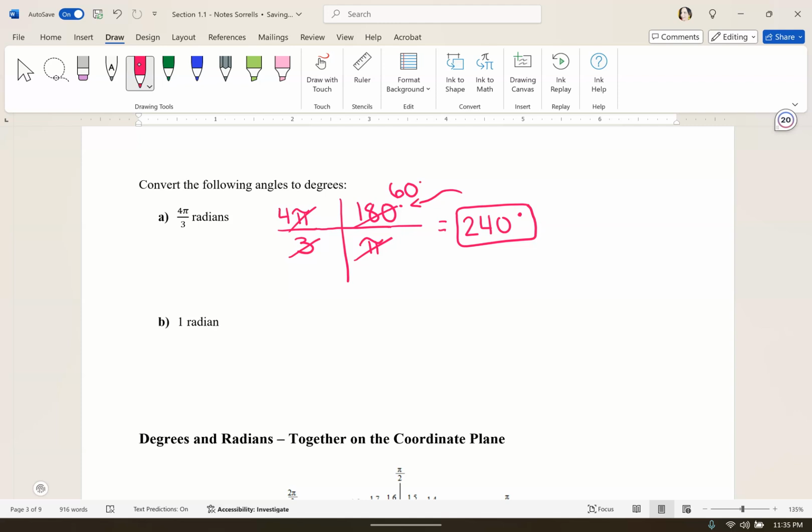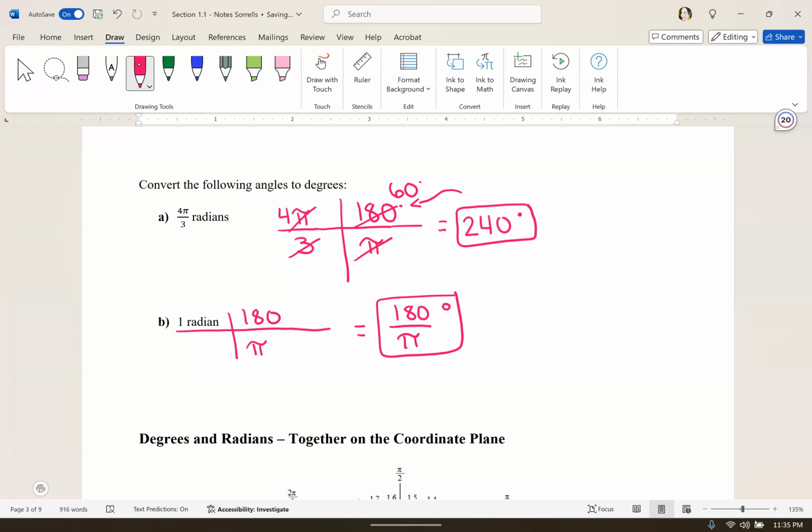Okay, 1 radian. I don't have a fraction, so I'm just going to put this here. I have radians, so that means my pi has to be on bottom. And then this would be 180 again. So there's nothing that can cancel. So I have 180 divided by pi degrees. I know that's kind of crazy, but you can box that up.